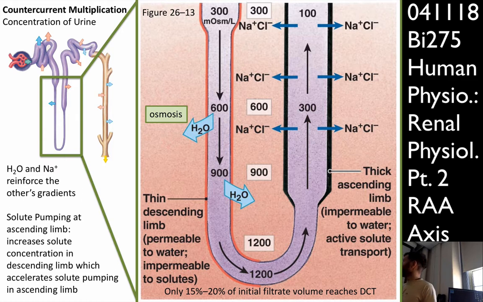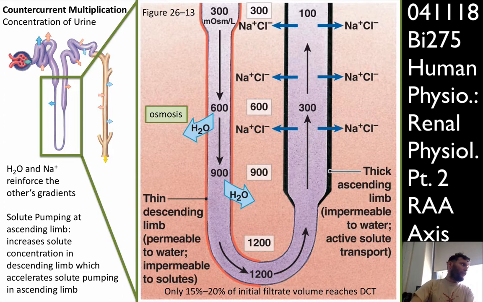And what happens is, you see these white boxes down the middle, it creates a concentration gradient along the length of the loop of Henle. Coming back to the other side, the thin descending limb.